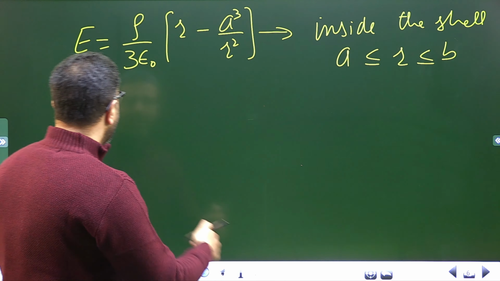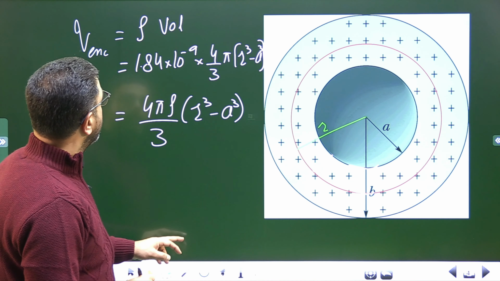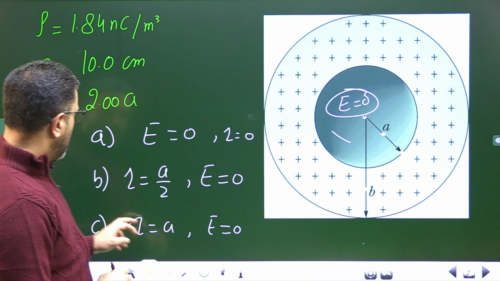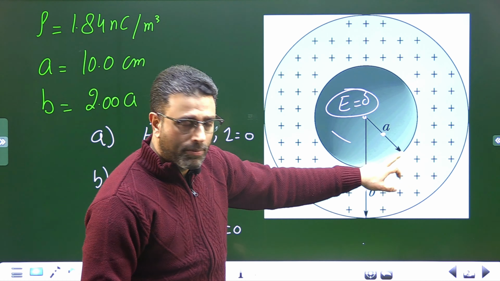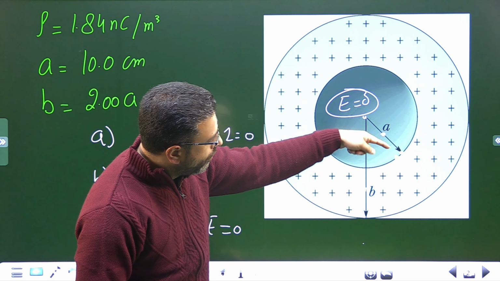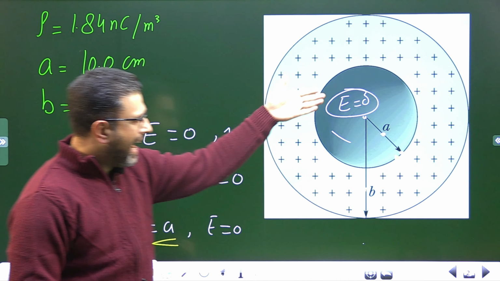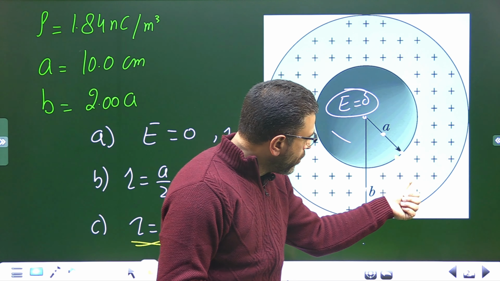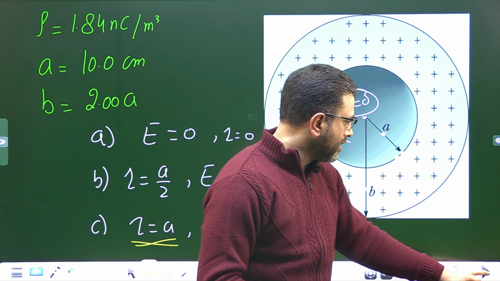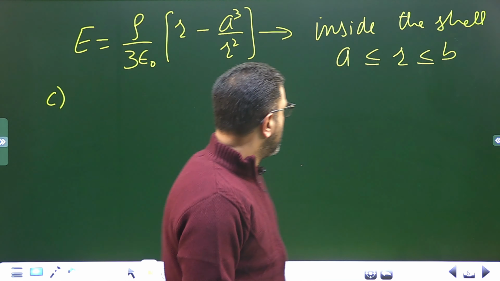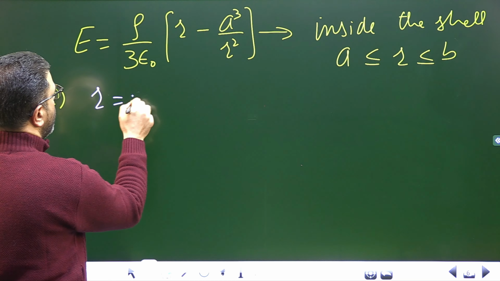Now I'll go back to part C, where r is equal to A, that is, a point on the inner surface of the shell. Here we went to the surface from inside, so the field was 0, because at every point in the cavity the field is 0. Now we'll approach the same point from within the shell material.